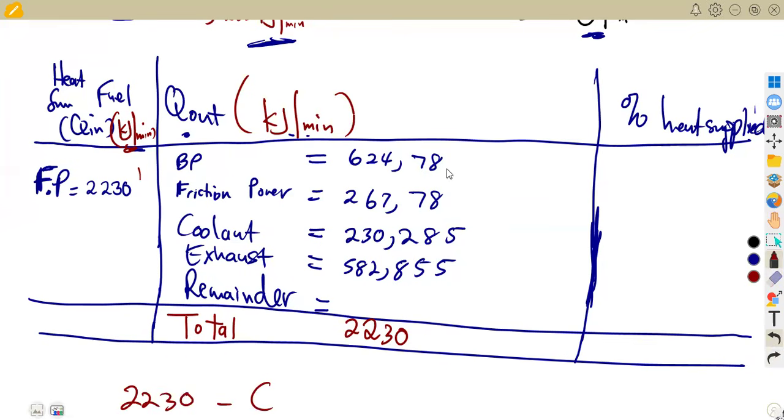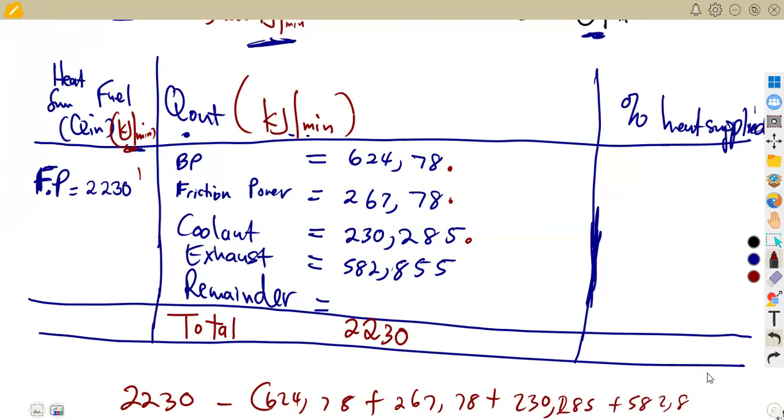We subtract everything. We subtract our brake power, which is 624,78, plus the friction power. So we are subtracting everything: 267,78, plus we subtract this 230,285, plus we subtract also this, which is 582,855.